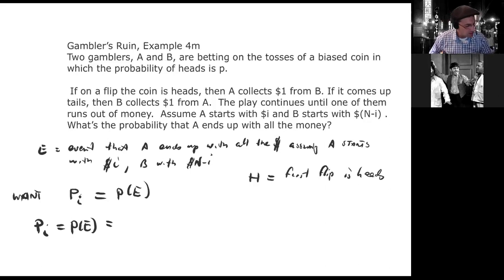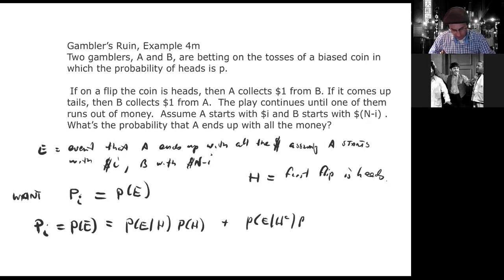So what is P of E? It's P of E given H times P of H plus P of E given H complement times P of H complement.